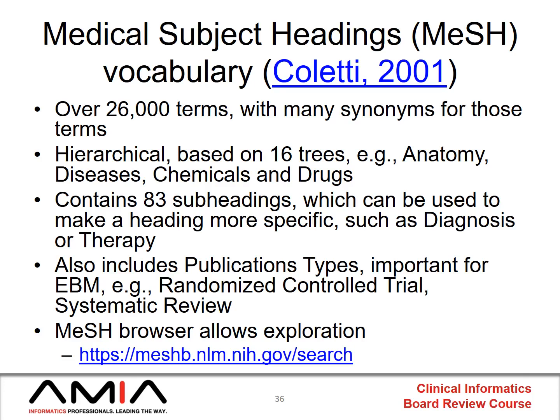It's based on 16 trees, such as anatomy, diseases, chemicals, and drugs. The MeSH vocabulary also has 83 subheadings that can be attached to a given MeSH heading or term that will make it more specific. For example, for a disease, a subheading of diagnosis or therapy can be attached to indicate that the focus is more specific.